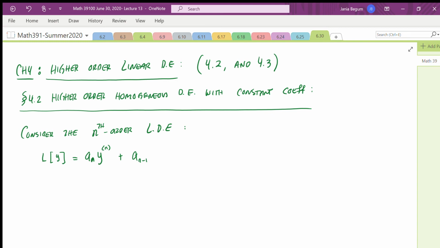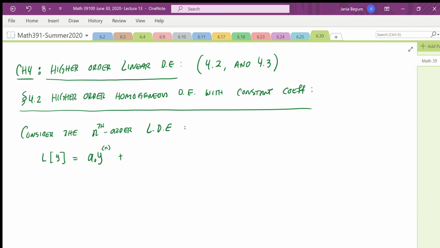So this is what the book does. It doesn't use an for the first part, so I'm just going to change that coefficient. It uses a0, which is weird, but let's stick to the textbook notation. a0 is the coefficient of the nth order derivative term.